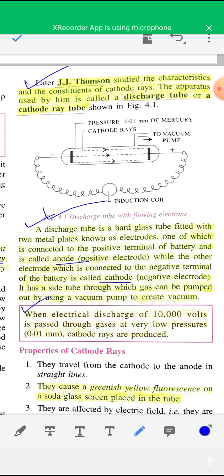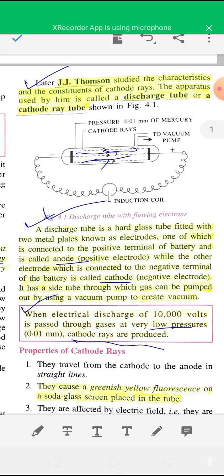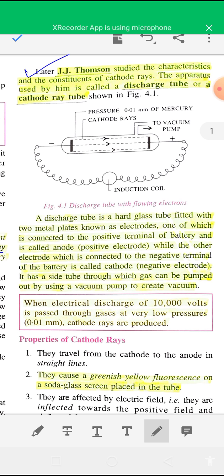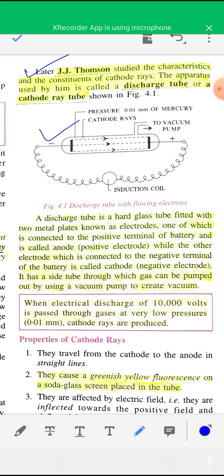When an electric current of 10,000 volt is passed through the gases in the discharge tube at very low pressure, cathode rays are produced from the cathode and migrate towards the anode. You can see cathode rays are produced from the cathode and migrate from cathode towards anode.